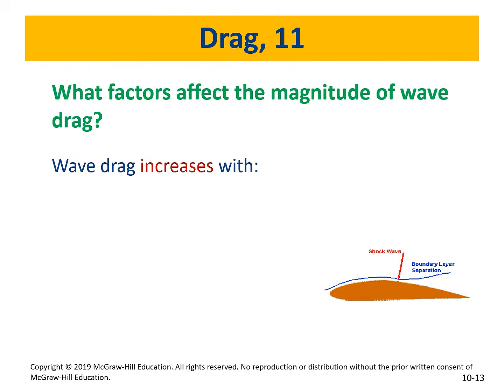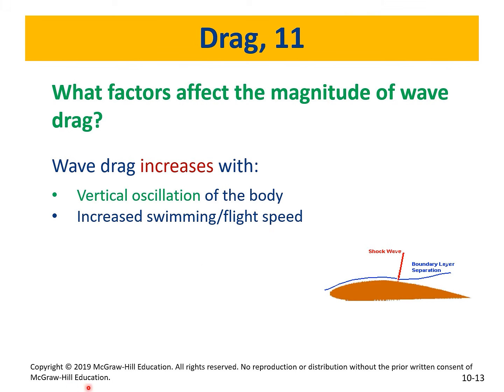Anyhow, so what factors affect the wave drag? Same thing, the vertical oscillation, I told you about this. If you go up and down, vertically across that current, that's dangerous. It creates that shock wave. Then flight speed or swimming speed.